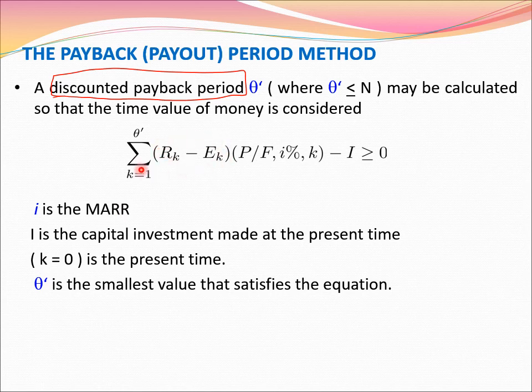So in year K, for example, if I have a net revenue of this much, I find its present worth and I subtract the initial investment from this cumulative amount, and as soon as this amount is greater than 0, then the period of this is called the payback period. This is the discounted payback period.